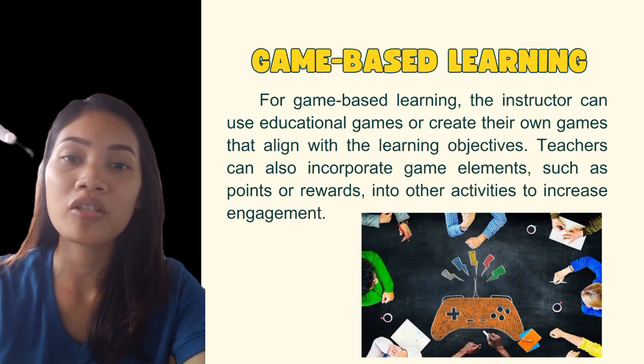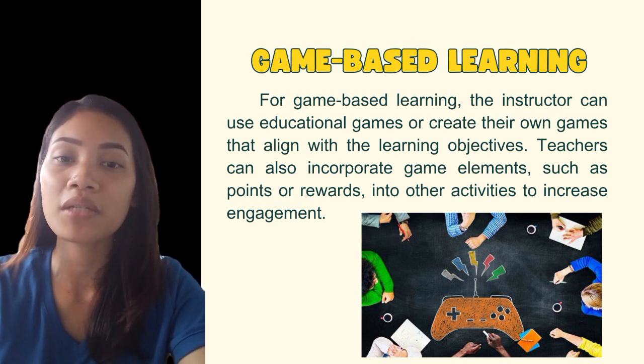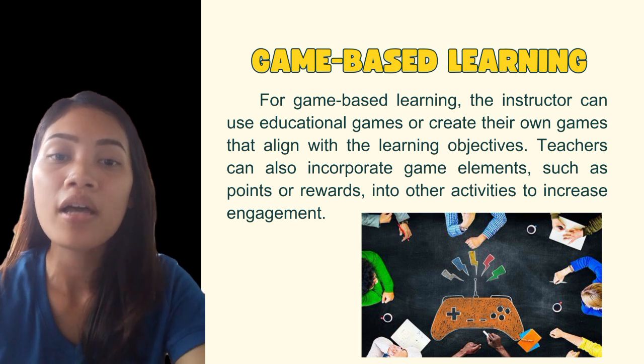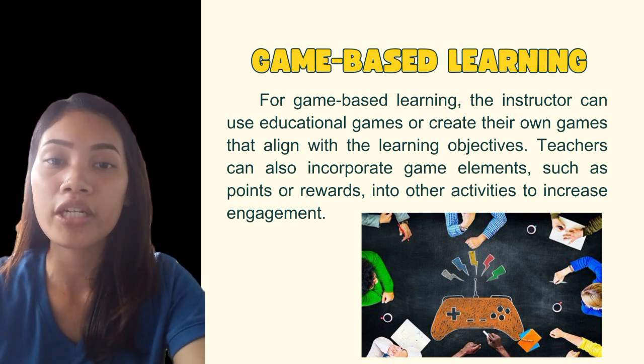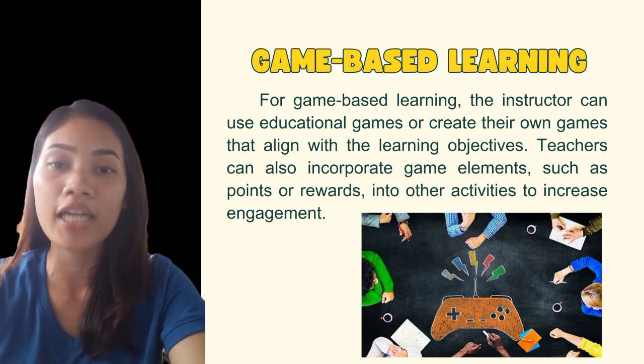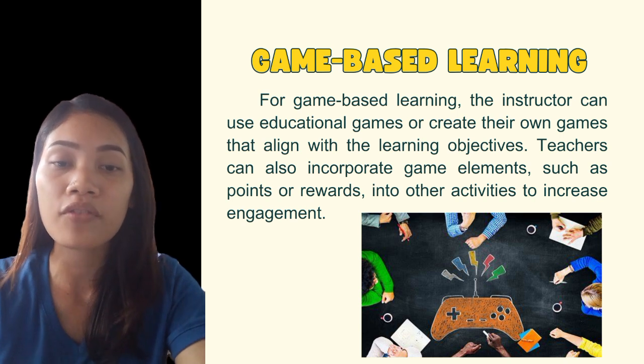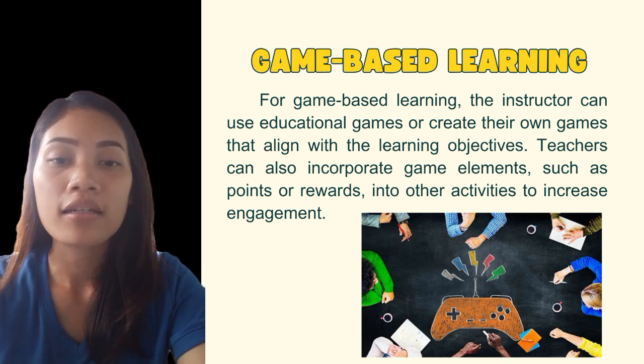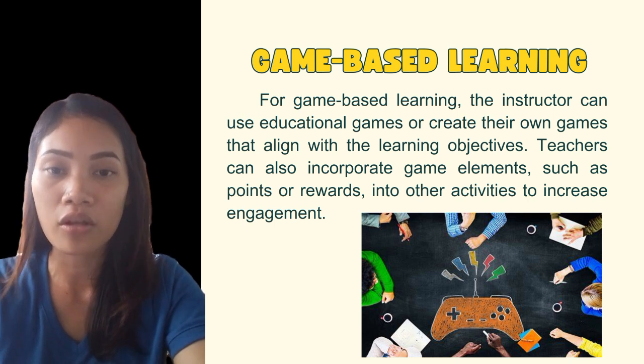Before playing the game, teachers can also provide students with an overview of the rules and how the game aligns with the learning objective. During and after the game, teachers can ask reflective questions to help students make connections between the game and the concepts being taught.